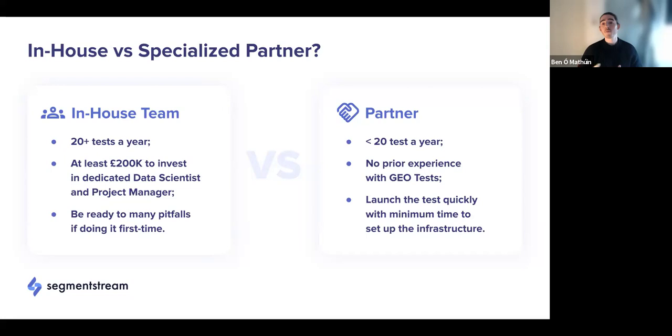But if you're perhaps a medium-sized business that has no real experience with geo tests, the idea of calculating a minimum detectable effect and understanding statistical significance may be daunting for you. It really makes sense to get some support there.